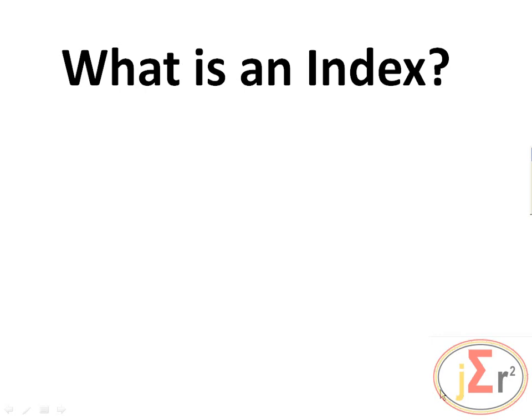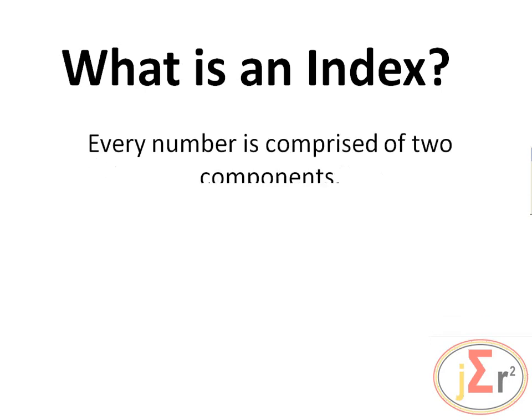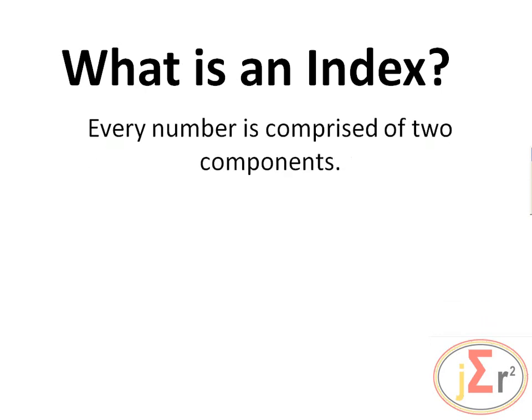We are going to be taking a look at the powers of 10. And as such, we need to understand what is an index. So what is an index? Every number is comprised of two components. Every single number that you can imagine is comprised of two components.